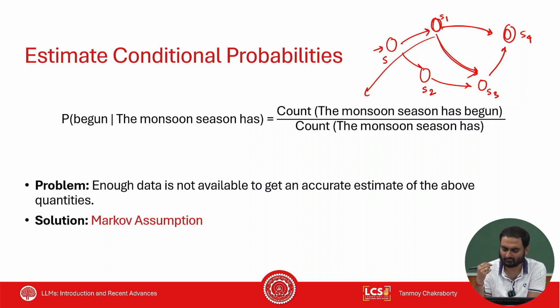We say that, okay, instead of looking at all previous states, let's look at only the previous one, or the previous two, right, or the previous three, and so on and so forth, right? So the first order Markov assumption says that the transition probability is only dependent on the previous state, right? Second order, previous two states, last two states, and so on and so forth, right?